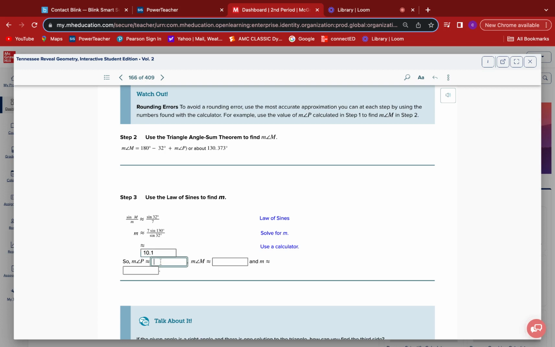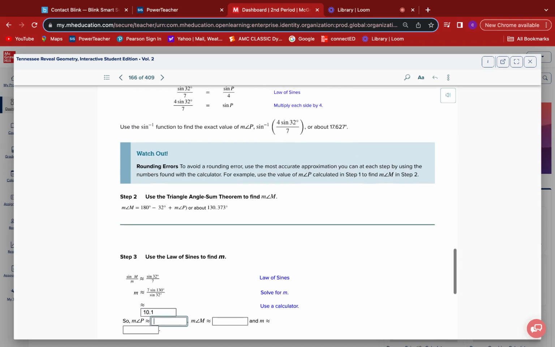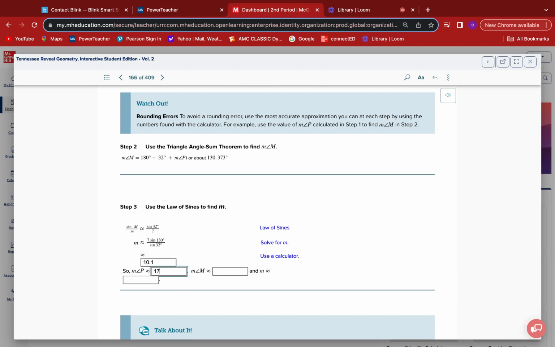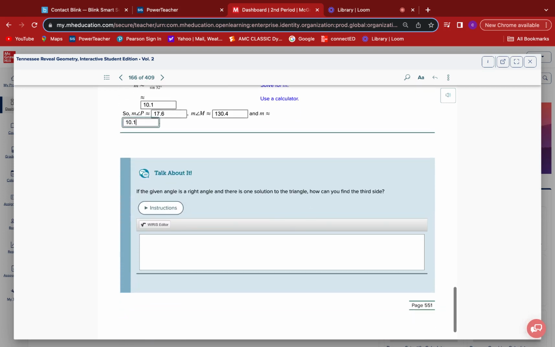So the measure of angle P, shooting back up here, was 17.6 degrees. The measure of angle M was approximately 130.4 degrees, and little m is approximately 10.1. All right. So there's example number 4 from page 551.